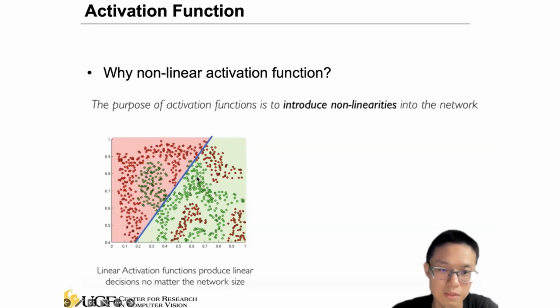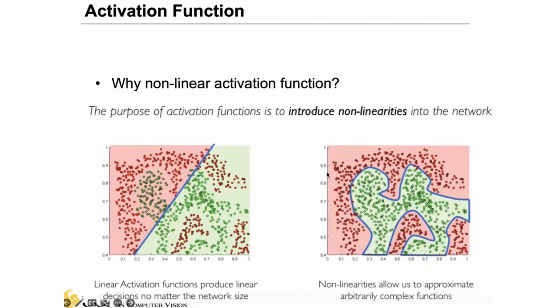So it's possible, but if we don't do that, we're not going to perfectly separate these two classes with a linear function. So we need some non-linearity in the decision boundary to wiggle around these different samples and get perfect separation. We need this non-linearity to approximate very complex functions, not just a simple linear function.